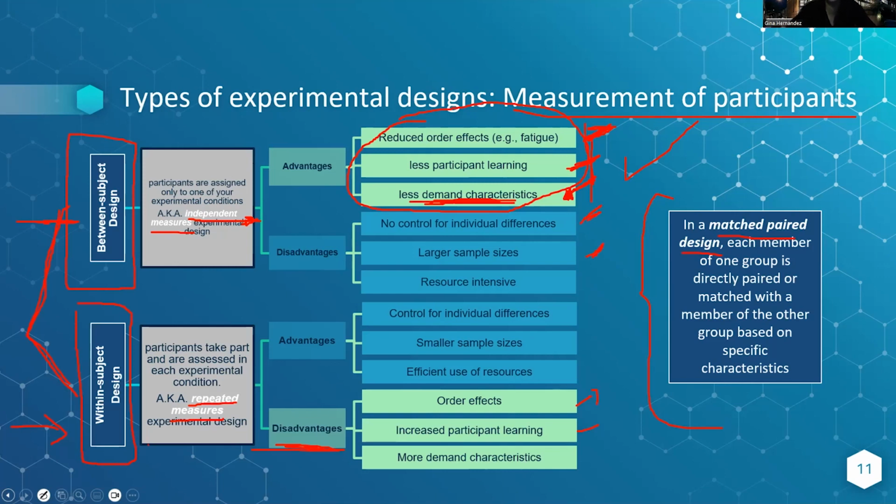So you can say more things about it. And then the between subjects design can be resource intensive, right? And obviously this disadvantage is an advantage for the other design, which is more efficient in the way you use your resources.